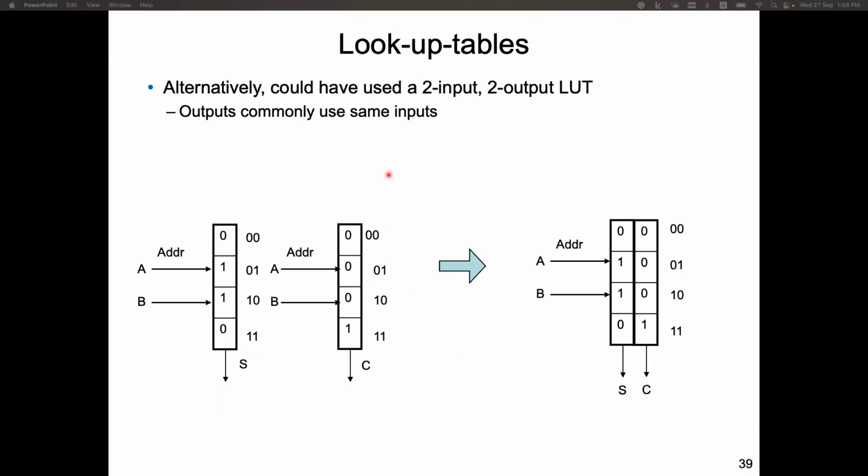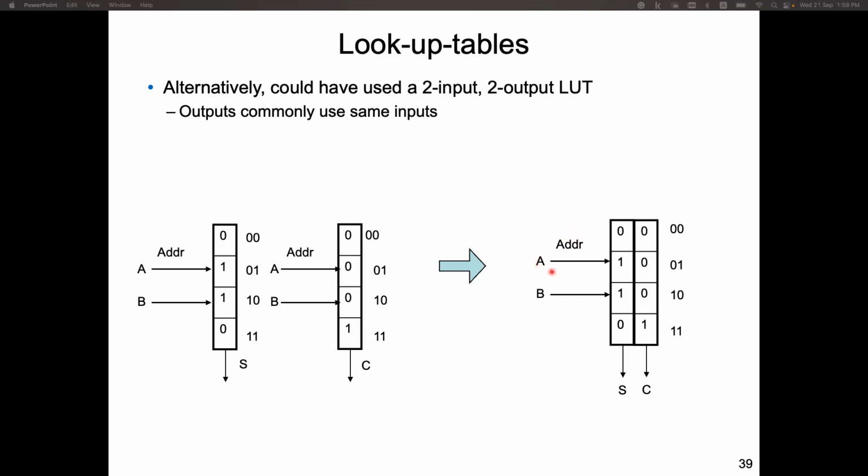Alternatively, we can combine the address decoders into 1. For this particular example, the 1-bit adder, the sum and carry outputs can use the same address decoder, so we can combine them into 1.